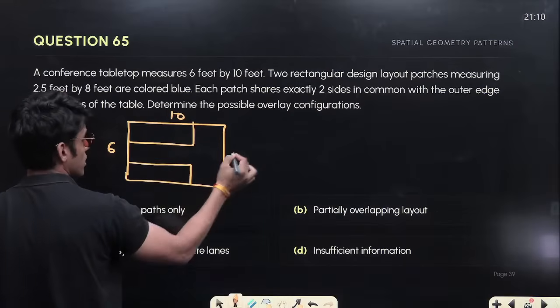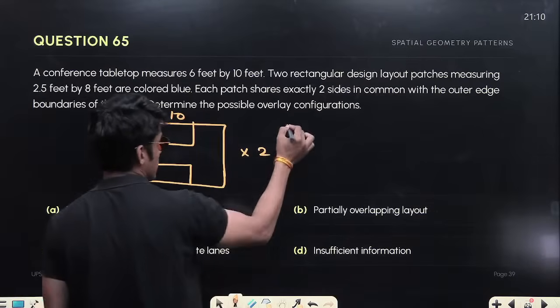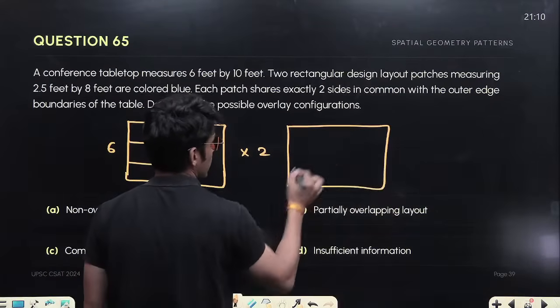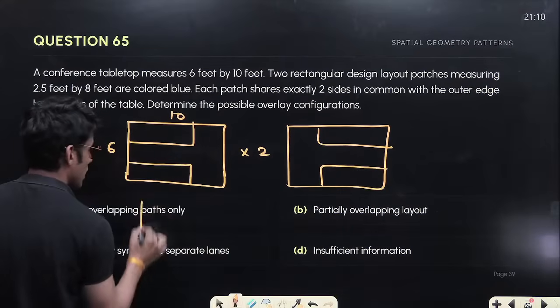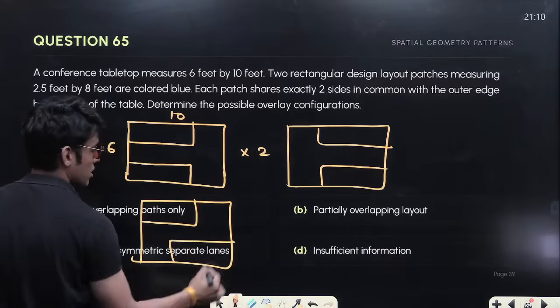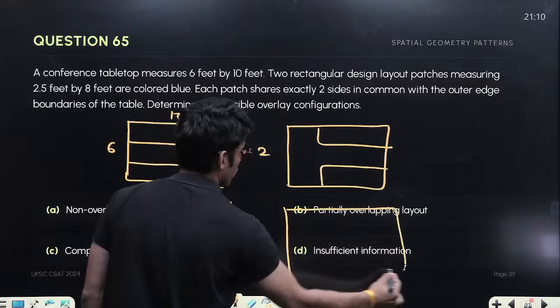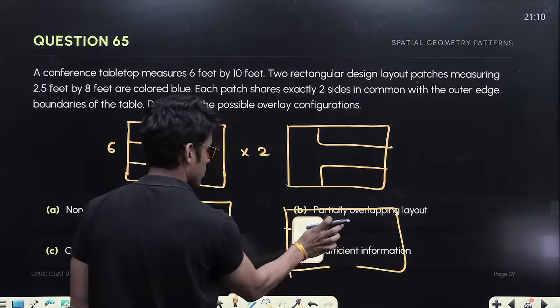And for this, I just have to multiply it by 2. Basically, the mirror image, right? This will also be the case. And the other case is this. If you draw it like this, then you will have like this.